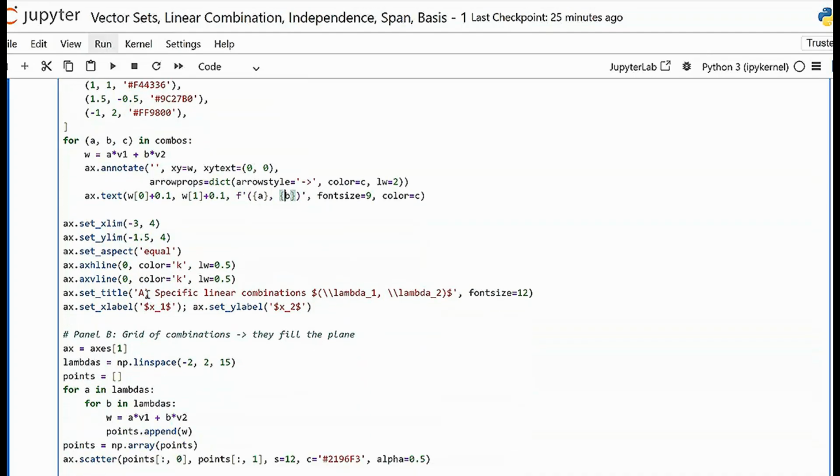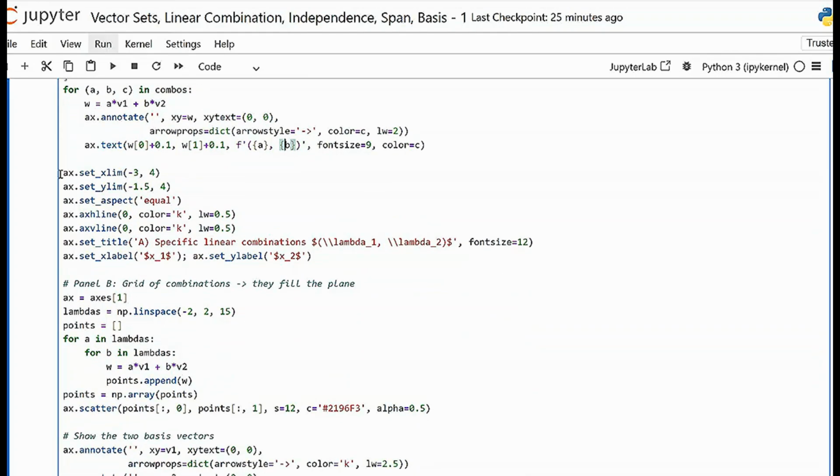Now for the axis formatting, it specifies the visible coordinate range, and next it ensures equal scaling on both axes, so there is no distortion. Next it draws a horizontal and vertical axis, sets the title, panel A, and labels the axes.